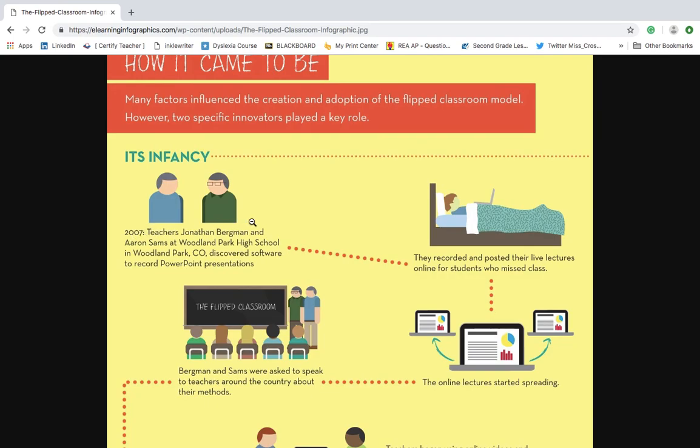In 2007, the software is discovered, and then it goes into students working while lying in bed. They're recorded and posted as live lectures for students who missed work. And then it goes down to online lectures, which many of us are familiar with in this course right now. It's strictly online that is happening, to now we have what is called a flipped classroom.